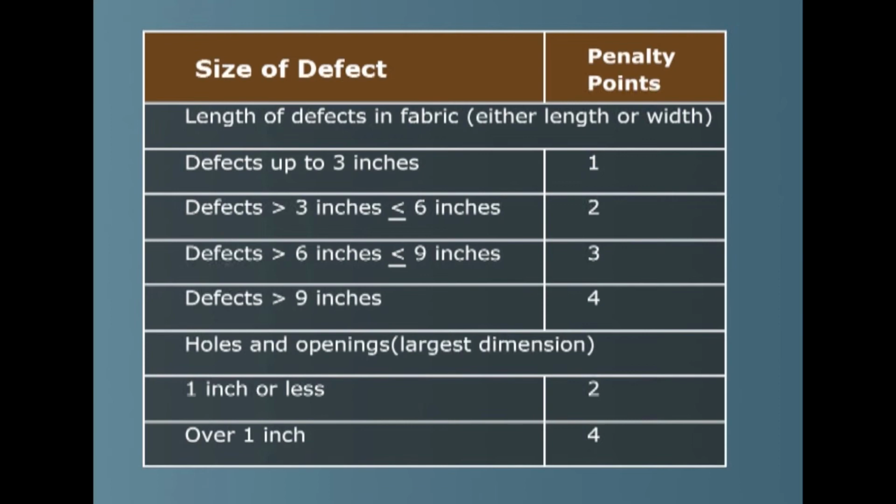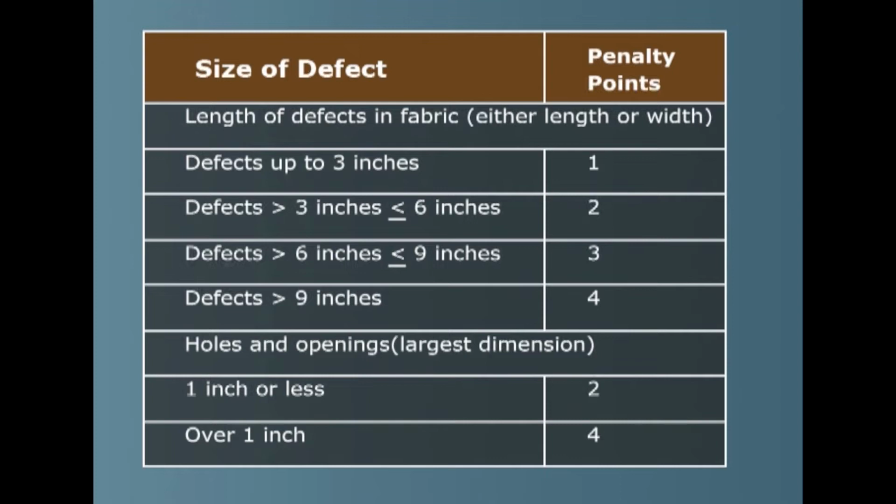The criteria followed for giving penalty points are the size of the defect and the penalty points given. If the length of the defect in fabric, which may be either length or width, is up to 3 inches, it will be given a penalty point of 1, and defects more than 3 inches and up to 6 inches will get a penalty point of 2.